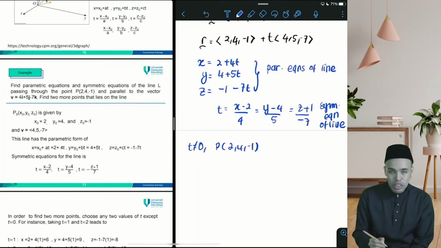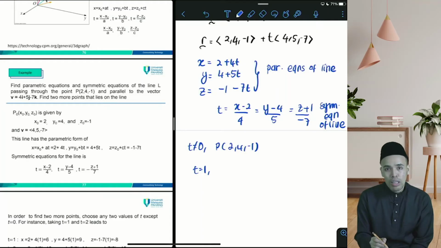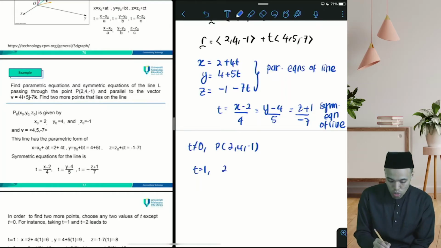Instead, you can choose t is equal to 1, and then simply substitute into the parametric equations, and you will get the x coordinate, y coordinate, and z coordinate of a point. I'm going to focus on them one by one. x is equal to 2 plus 4 times 1, which is 6. y is equal to 4 plus 5 times 1, which is 9.